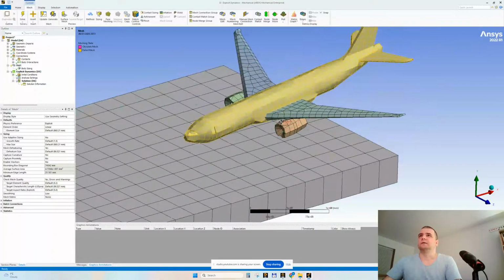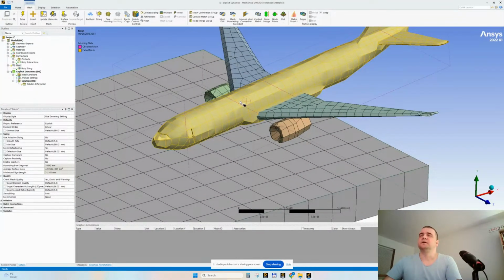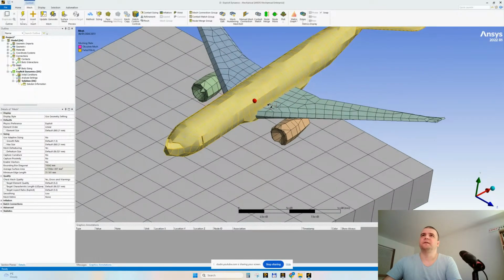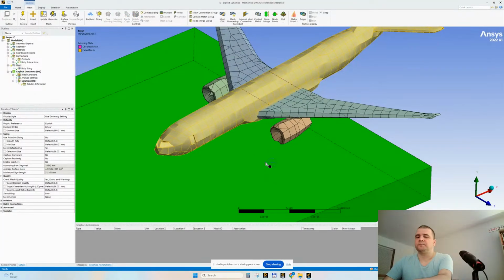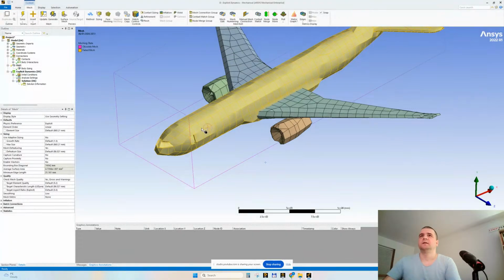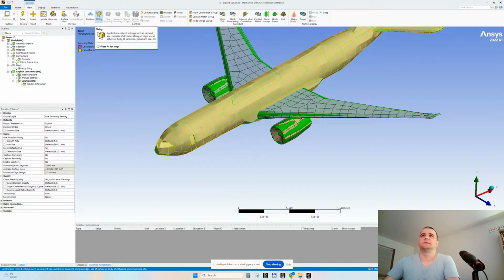and let's make this failed. This means we need to refine the mesh sizing. Hide with F9. Click one body, Control A to select all sizing.